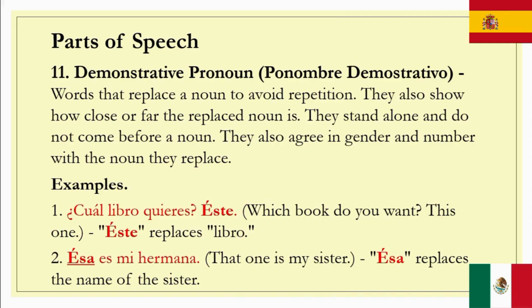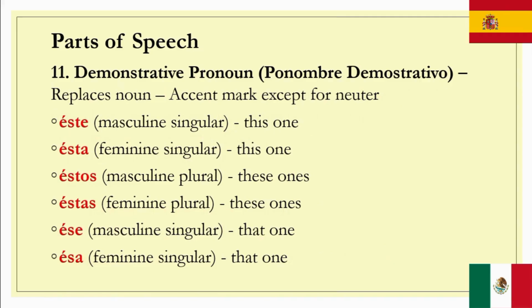Another example, that one is my sister. Esa es mi hermana. We can see that "that one," which is esa in Spanish, replaces the name of the sister. That's the usage of the demonstrative pronoun.